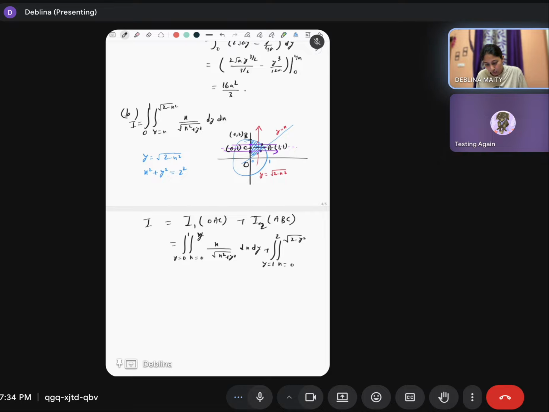Yes, this is root 2. The circle is of radius root 2, right? So x square plus y square was 2.